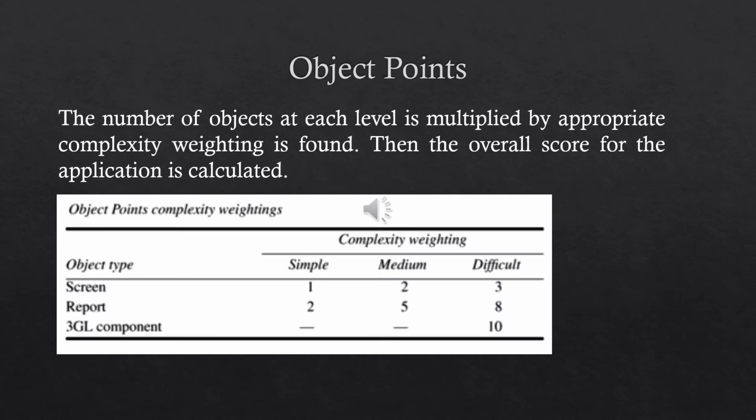The number of objects at each level are multiplied by the appropriate complexity weighting. The object point complexity weightings are shown in the table.